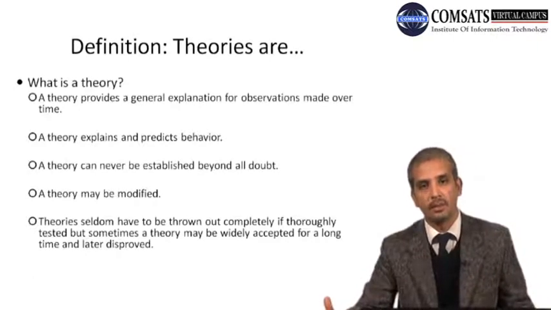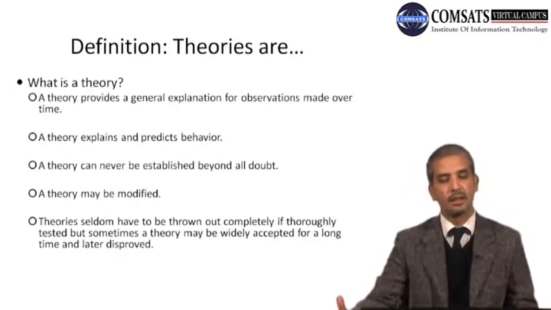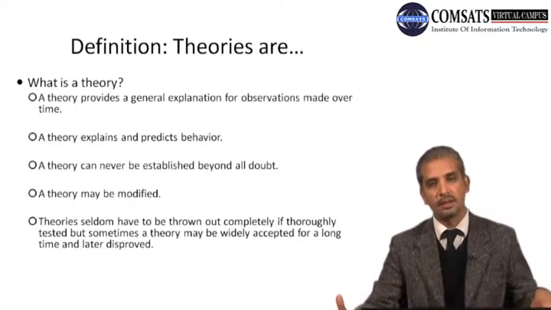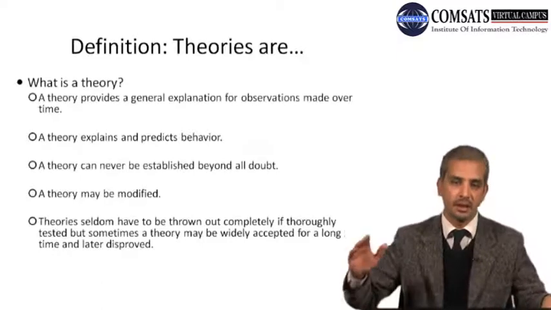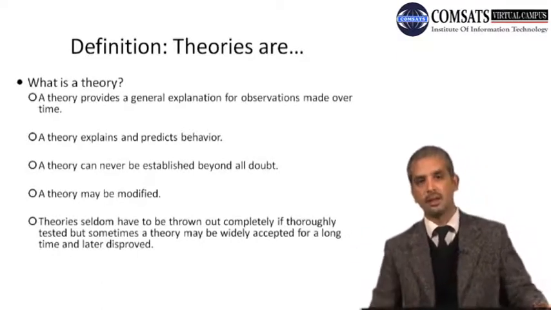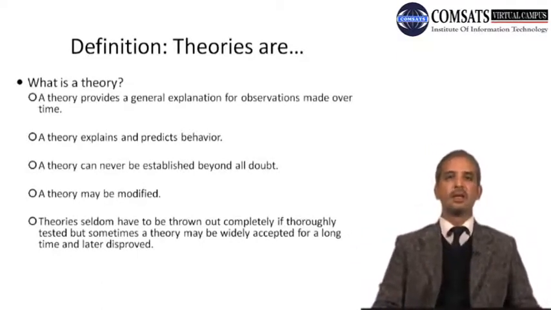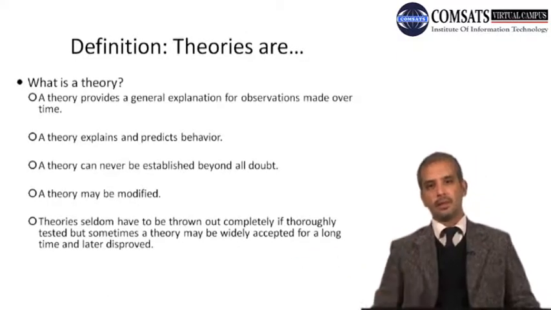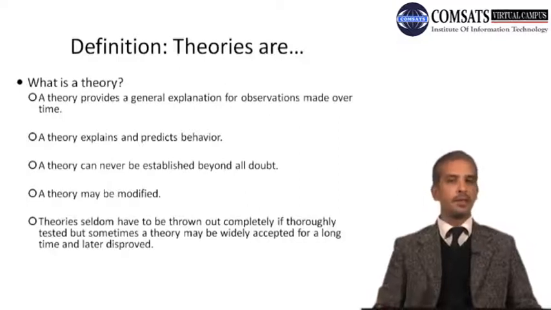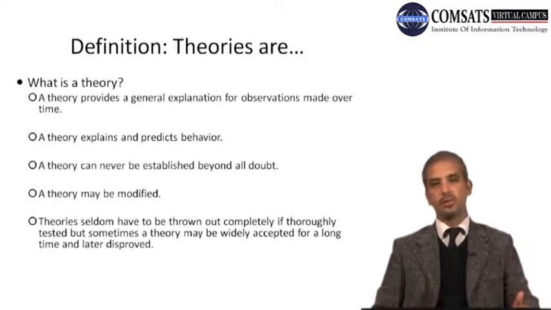And then the point is that a theory can never be established beyond any doubt. It is not always 100% true. There have been many cases, which we will discuss, where a certain theoretical foundation has been accepted over a long period of time, and after many years they realize that it is not the true theoretical foundation.